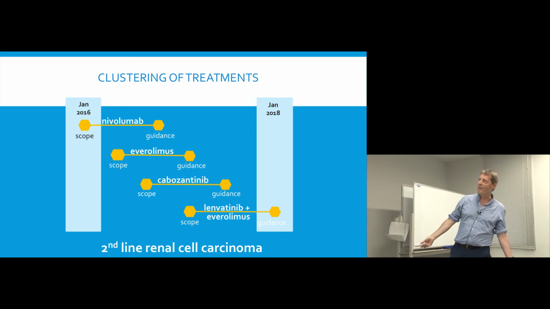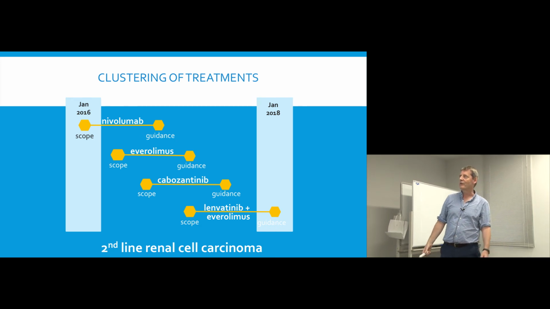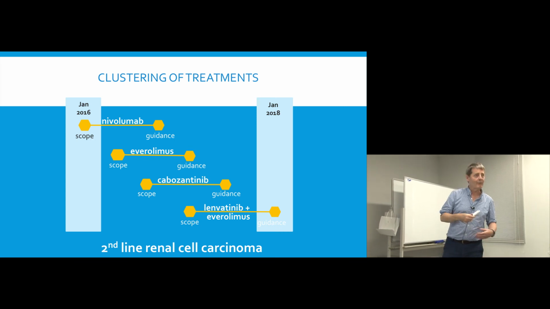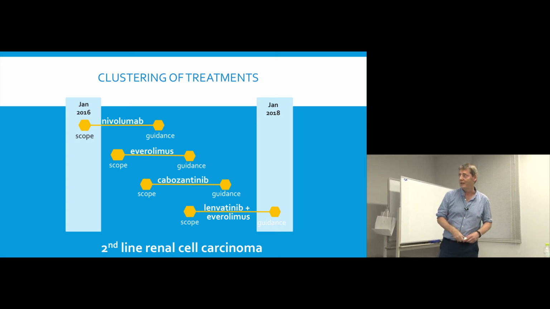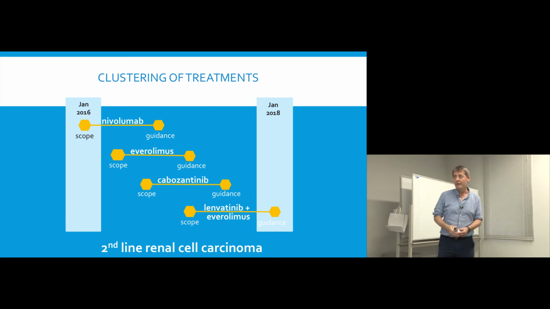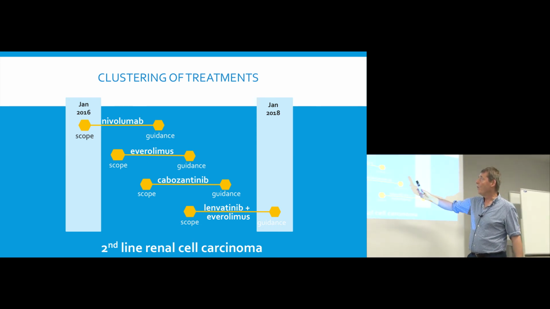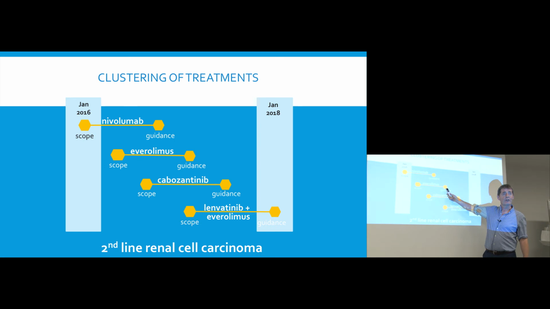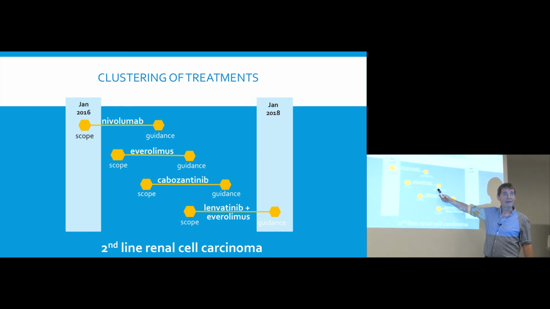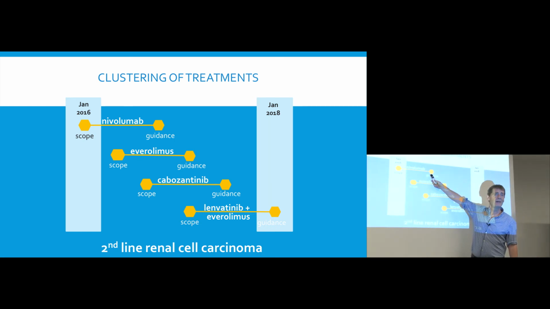Before nivolumab appraisal was resolved, everolimus was underway. Before everolimus was resolved, cabozantinib was being evaluated, and so on with lenvatinib. Now, that is going to be a real decision-making challenge. So, what should everolimus be compared to? Well, probably it should be compared to nivolumab.